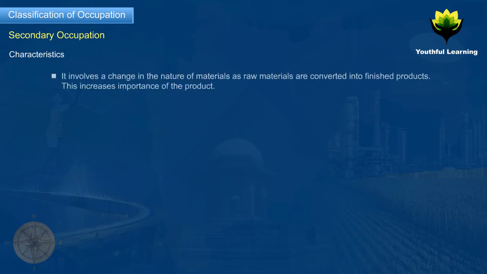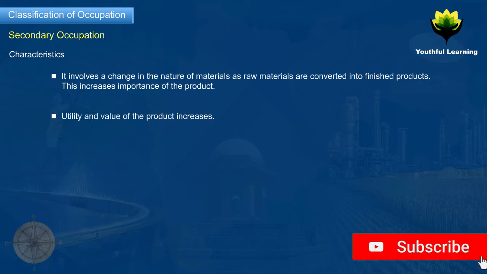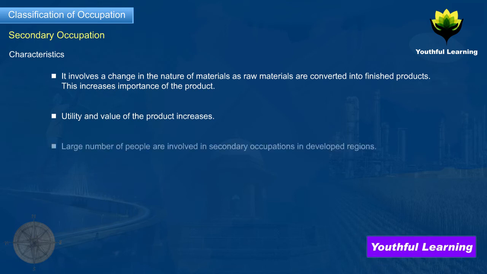Characteristics. It involves a change in the nature of materials as raw materials are converted into finished products. This increases the importance of the product. Utility and value of the product increases. Large number of people are involved in secondary occupations in developed regions.